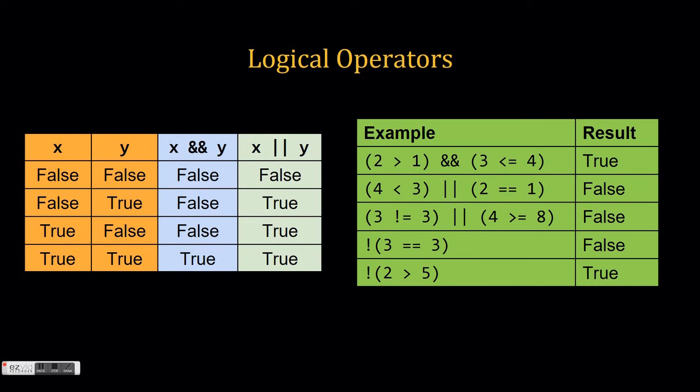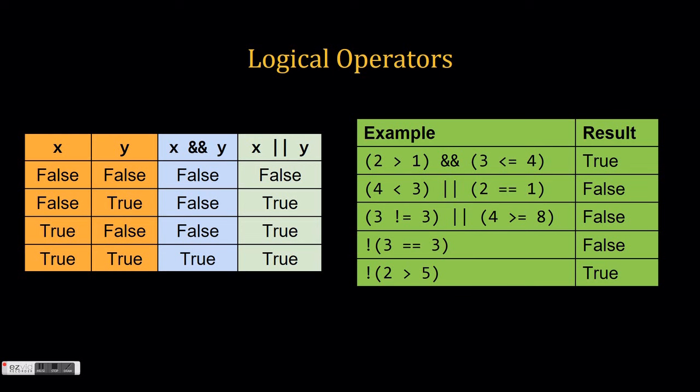Okay, so hopefully you were able to follow the different examples that we have, and just to get a better understanding of the different logical operators that we have and the different expressions and the results that come about.